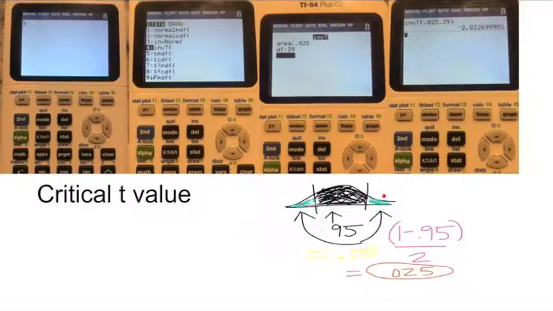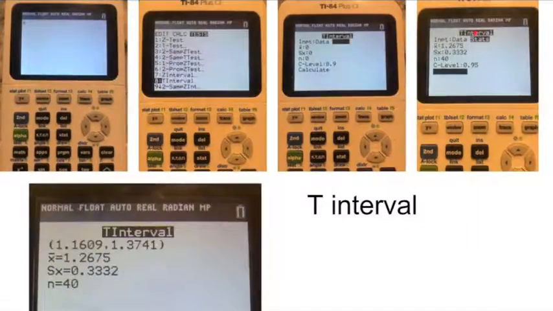The area under the curve is 1, so you subtract your confidence, 95%, so 1 minus 0.95 is 0.05. You need to divide by 2 because you only want to put in the area of one tail. Then you input that, and your calculator output is negative 2.0227. That will be your t.